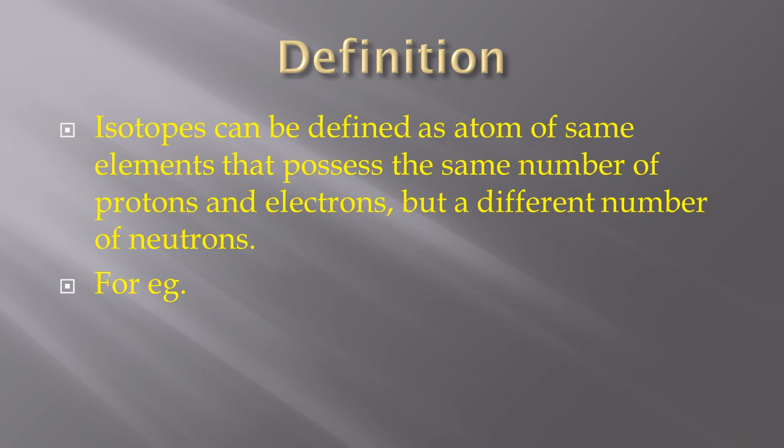That means if it is chlorine, then again it will be chlorine. In one chlorine atom the number of protons and electrons will be the same, but in another atom it will be a different number of neutrons.